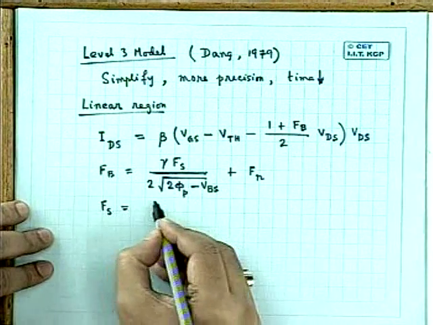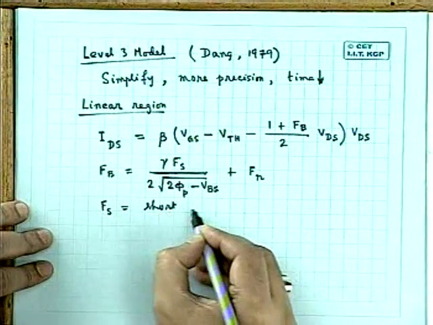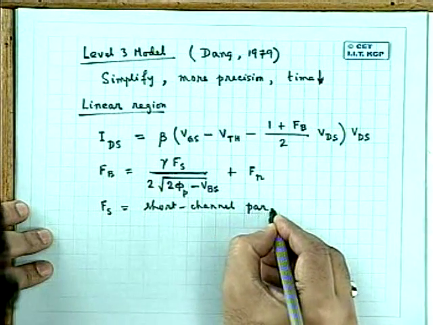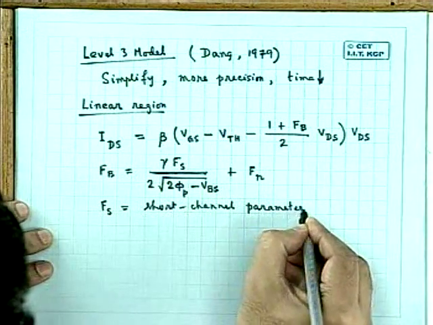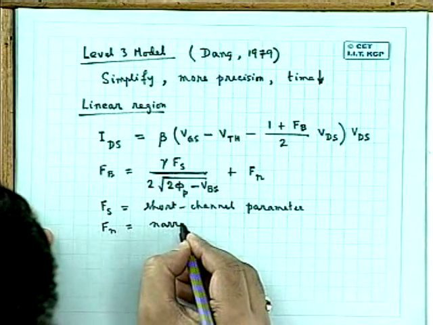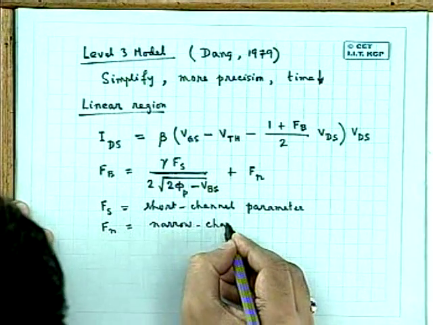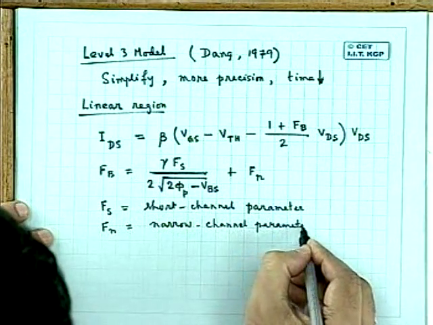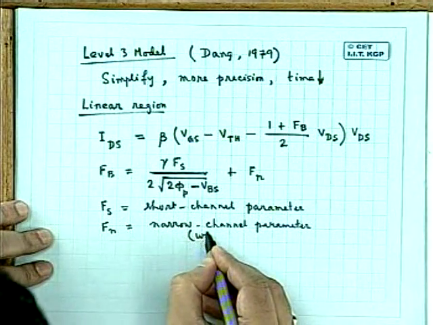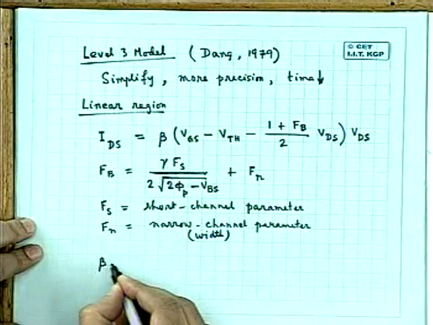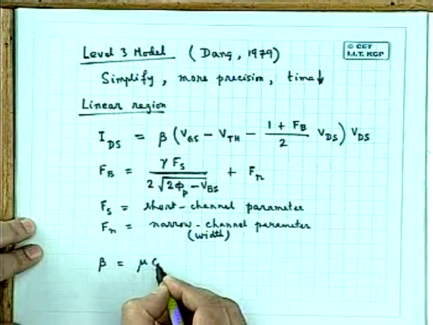Fs is a short channel parameter. And Fn is a narrow channel parameter. By narrow, I mean narrow width. And beta, as before, is a parameter which was defined earlier.